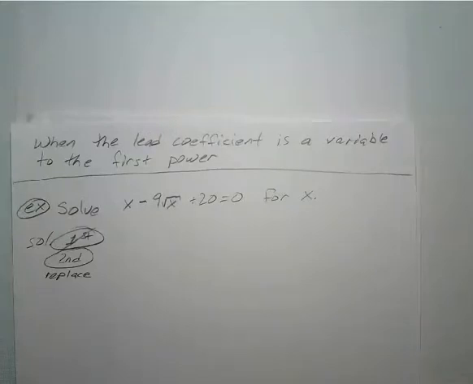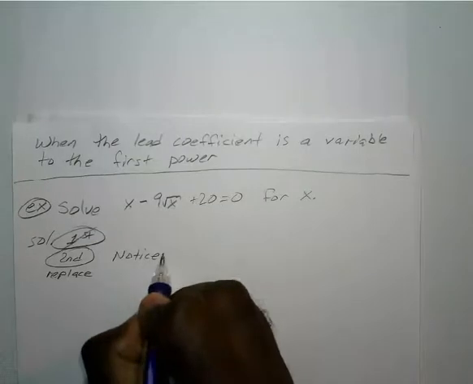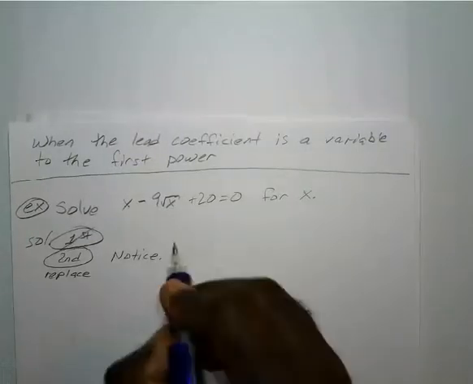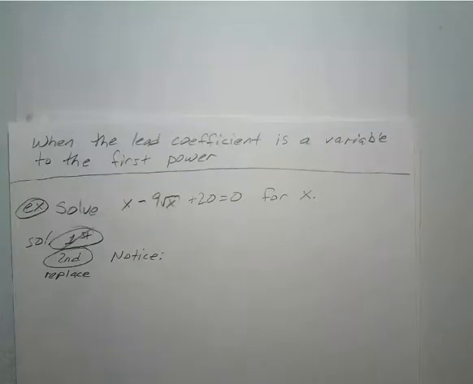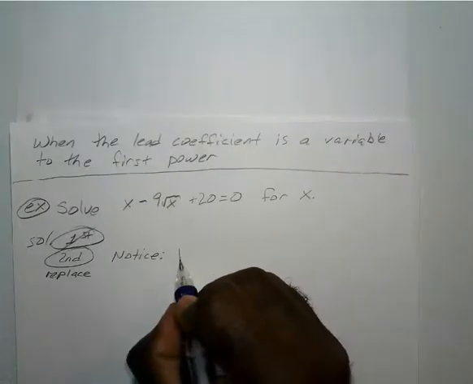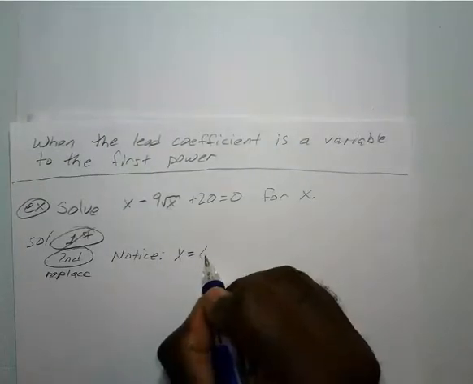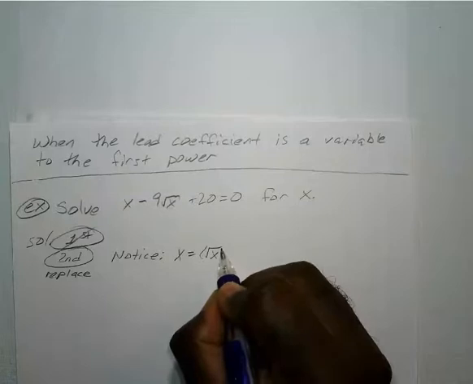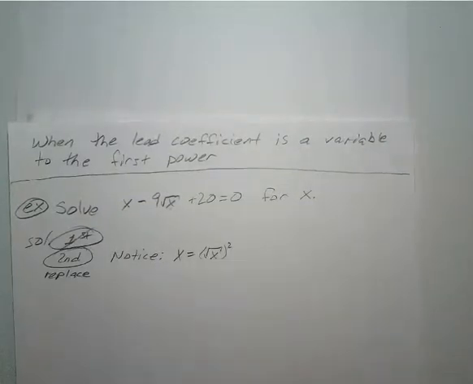Okay, so in order to replace, you have to notice something. So notice, remember our middle term is square root of x. So we notice that x can equal that middle term squared. So it equals square root of x squared. Okay.